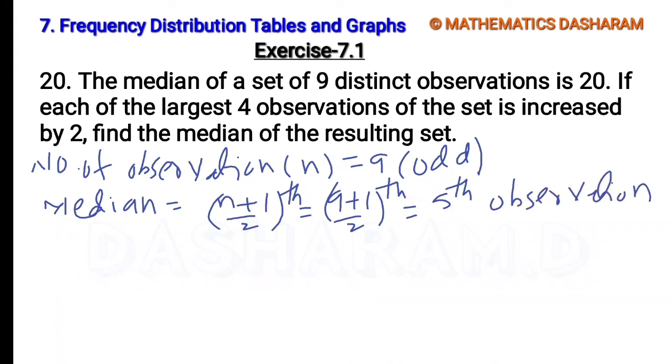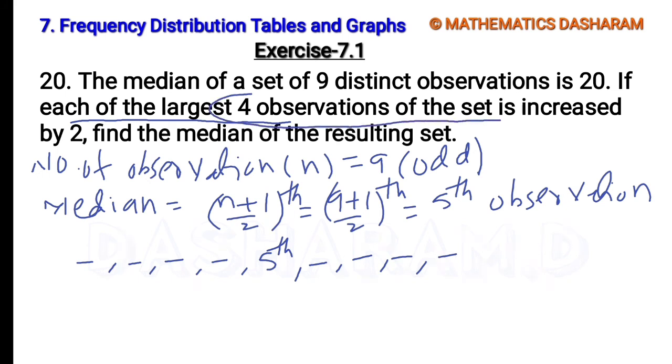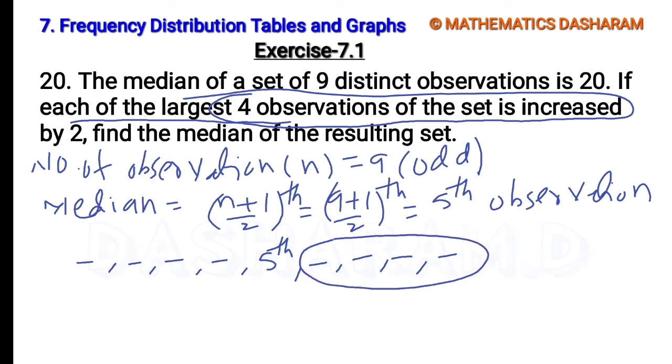But in the question, each of the largest 4 observations, see here 1, 2, 3, 4, here is the fifth one, next 6, 7, 8, 9. So each of the largest 4 observations of the set is increased by 2. Largest 4 means the right side of the fifth observation only. If these 4 observations are increased by 2, is there any effect on the fifth observation?